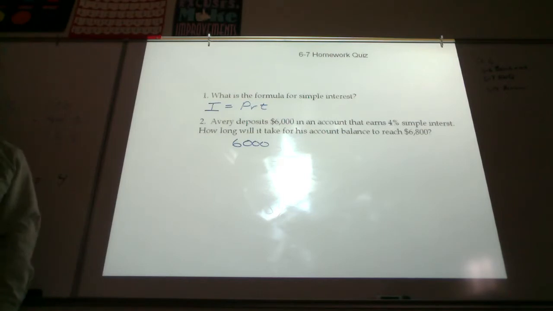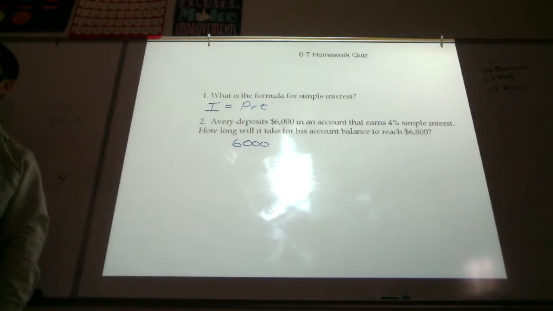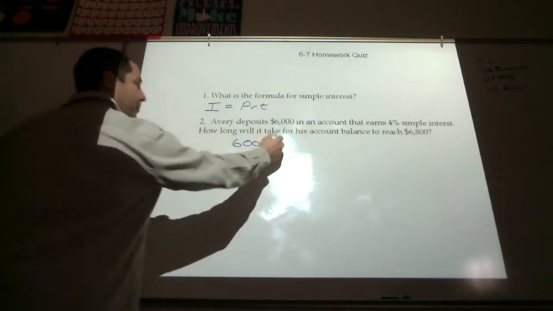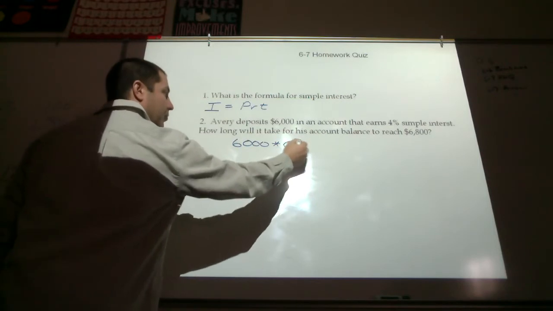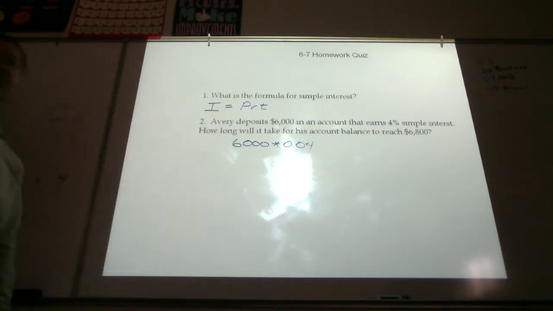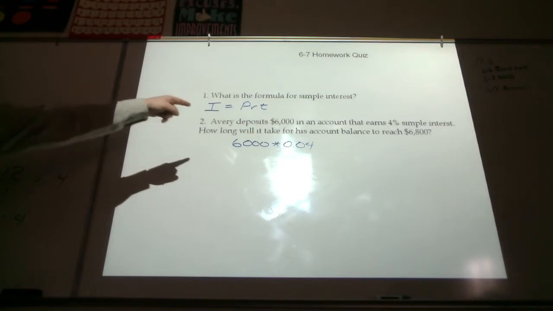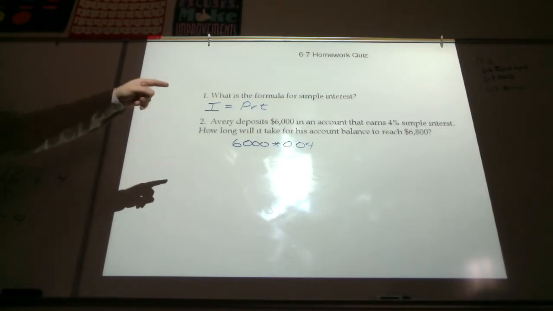No, that's 40%. 0.04. So if we take our principal and we multiply it by our rate, now if we just figure out the time, we could figure out the interest. But that's not what the question's going to say. And this is why this question's a 250 question, because we have to figure out what the simple interest is. How long will it take for the account balance?